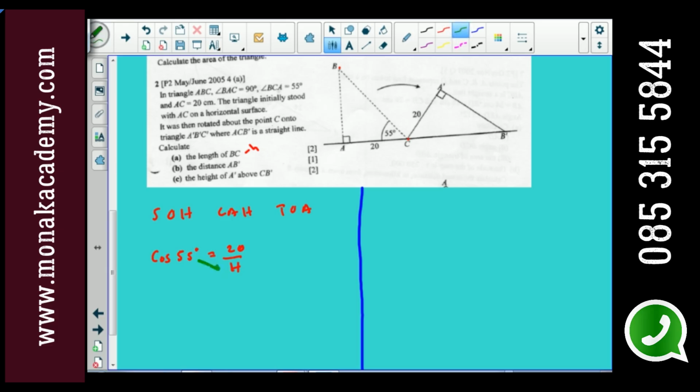So this one comes there, the H goes there. Right? So it becomes H equals 20 divided by cos 55.